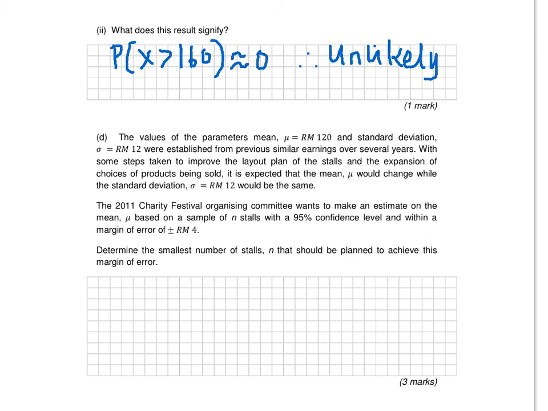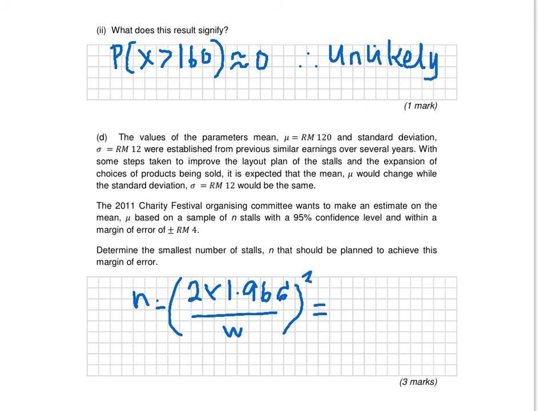Part D requires us to determine the smallest number of stalls n that should be planned to achieve a margin of error of plus minus RM 4 with a 95% confidence level. Using the formula to determine the sample size, n equals (2 times 1.96 sigma over w) squared.